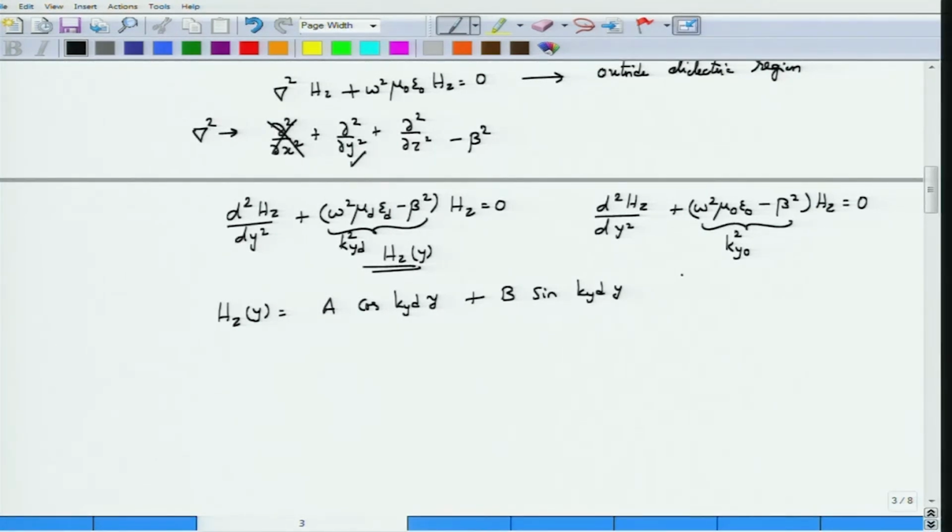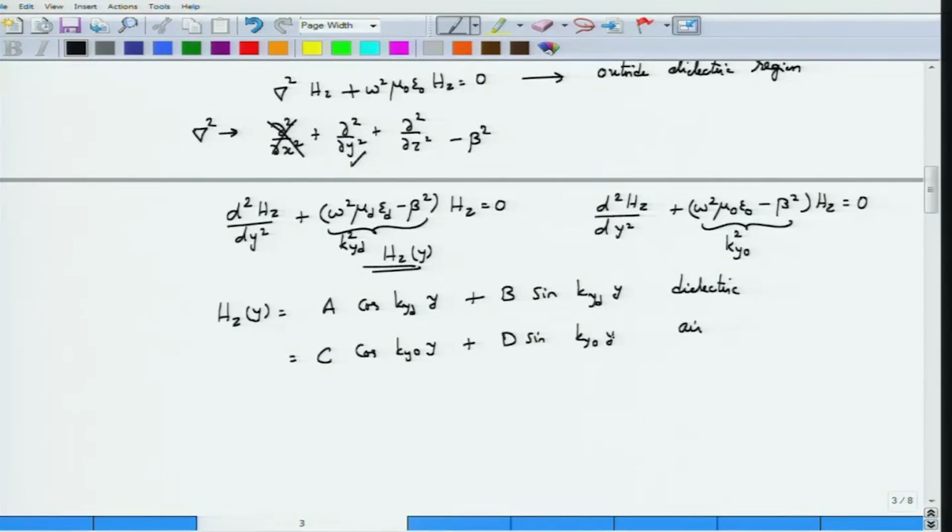Now this is for the dielectric region, correct, and for the air region, or outside the dielectric, the same equation will have some c cos ky 0 y. Sorry, I made a small mistake here, so it must be ky d, not d coming in the numerator, it is just the subscript for ky. Plus d sin ky 0 y.